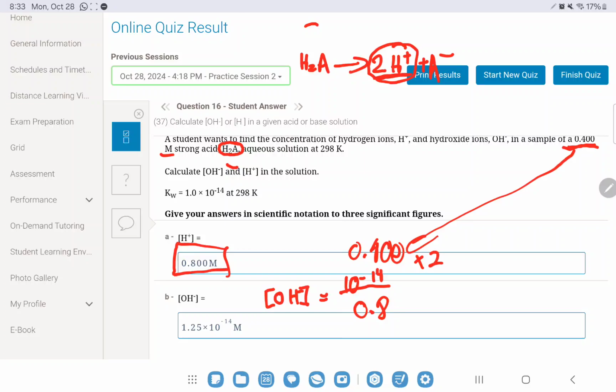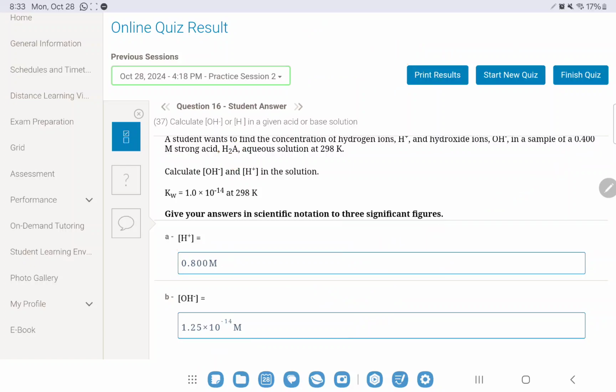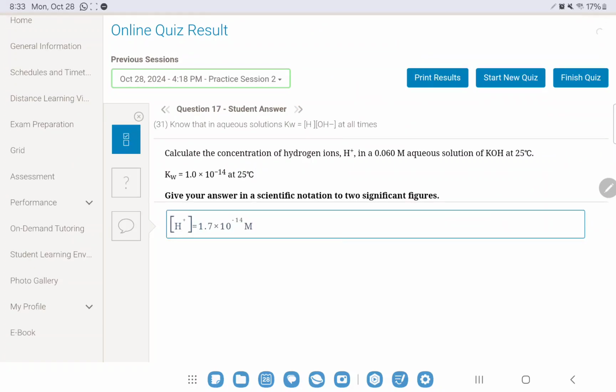Solve it on your calculator. I'm going to quickly solve it to make sure. 10 power negative 14 over 0.8, and you're going to get 1.25 times 10 power negative 14. And that's it. Now let's move on.